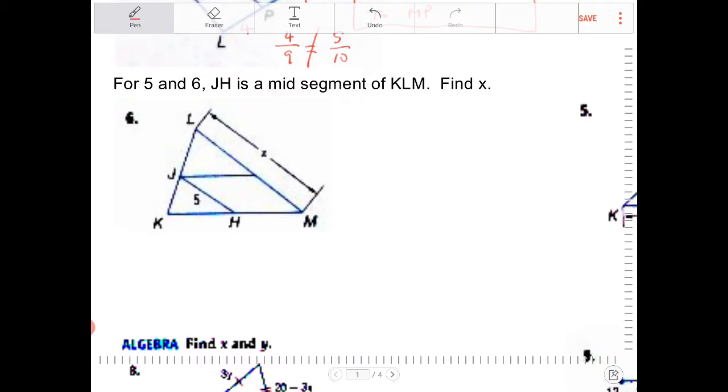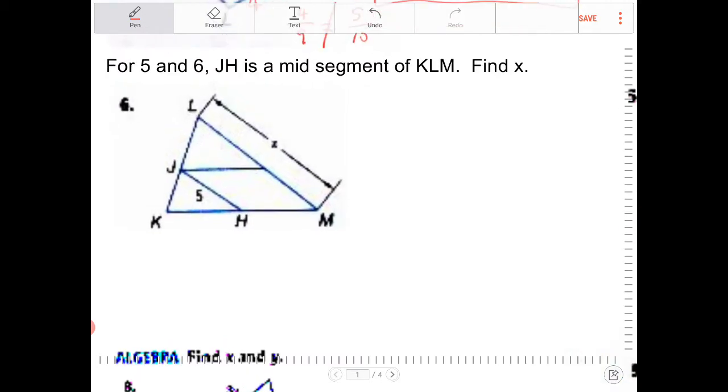For 5 and 6, JH is a mid-segment of KLM. Find X. So JH is a mid-segment, which means this segment here is going to be the same as this segment there.